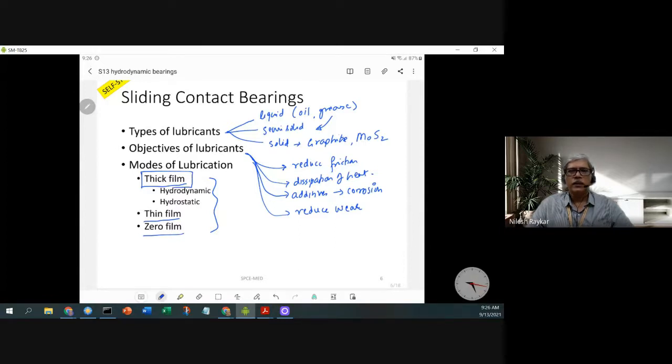It is still at the level of micrometers, but the main difference between thick film and thin film is that there is no metal to metal contact in the thick film, while in thin film, the metal to metal contact would happen occasionally. And in zero film, there is direct metal to metal contact.